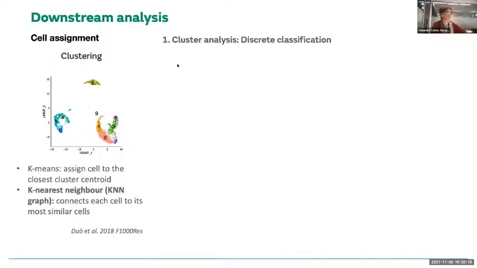The next step, once you have visualized the data and you have constructed either a UMAP or a t-SNE, is that we need to cluster it. So make groups of cells that are similar, which will all be in the same cluster. And when another group of cells is different, it will be in a different cluster.